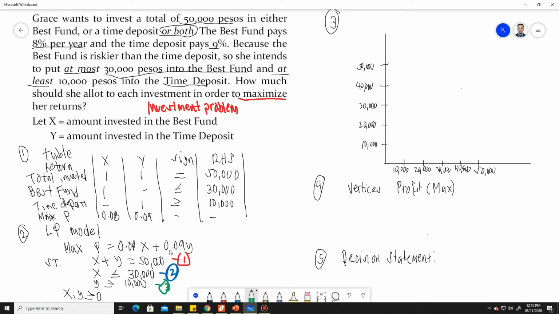Okay, igagraph natin ngayon sa third step yung tatlong constraint. So muna tayo sa first constraint. So if x is 0, y is 50,000. If y is 0, x is 50,000. So dito siya, ang ating unang equation.